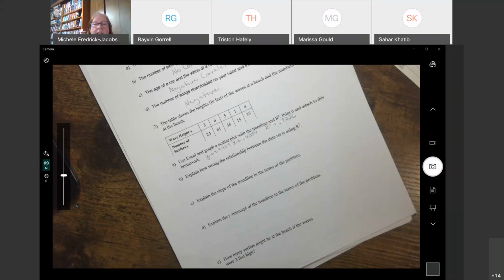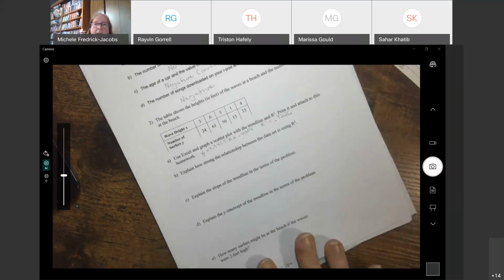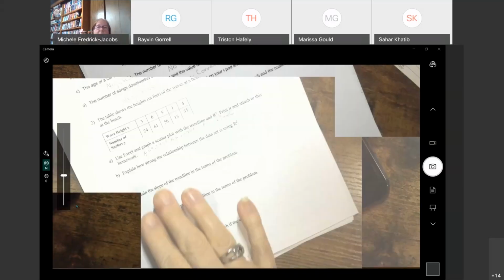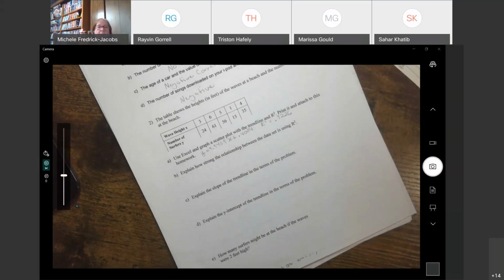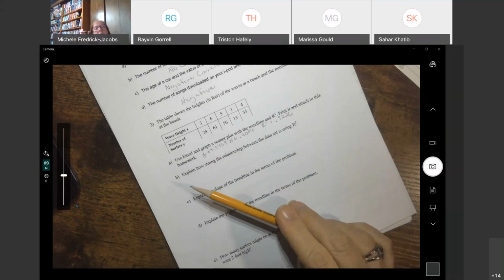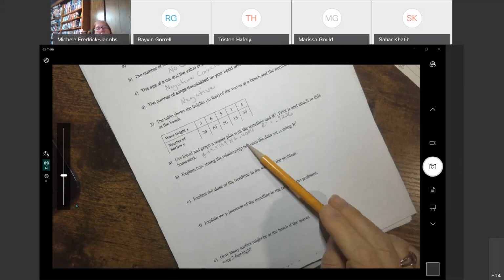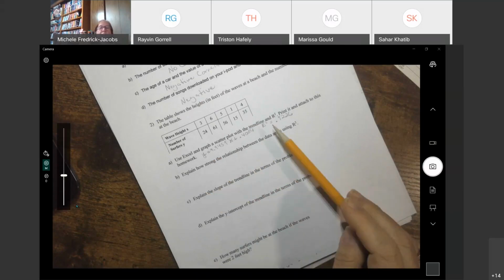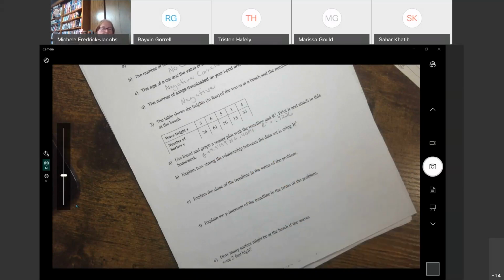These only need to be a sentence. If I was going to have a paragraph, I would have you put all of it in one paragraph. So each one of these would just be a sentence. What is one sentence we can use for part B to explain what R squared is giving us? I said the relationship between the height of waves and the number of surfers is strong because R2 is closer to 1. Exactly. Mm-hmm.